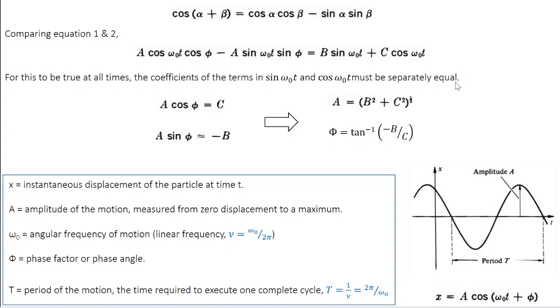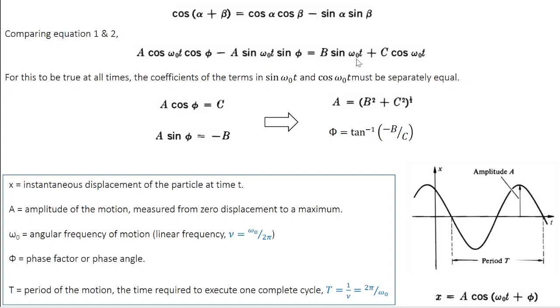So let's equate the coefficients. First, the cosine function. Coefficient of cos omega naught t on the right hand side is c, which is equal to the coefficient on the left hand side, a cos phi. So the first equation is a cos phi equal to c.